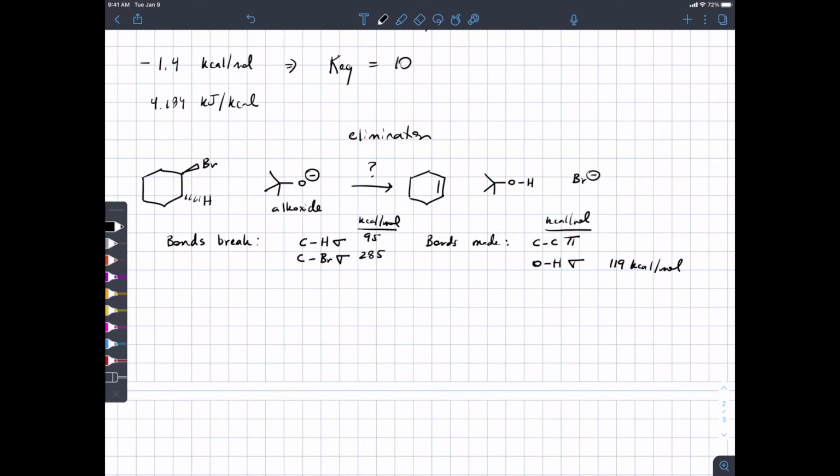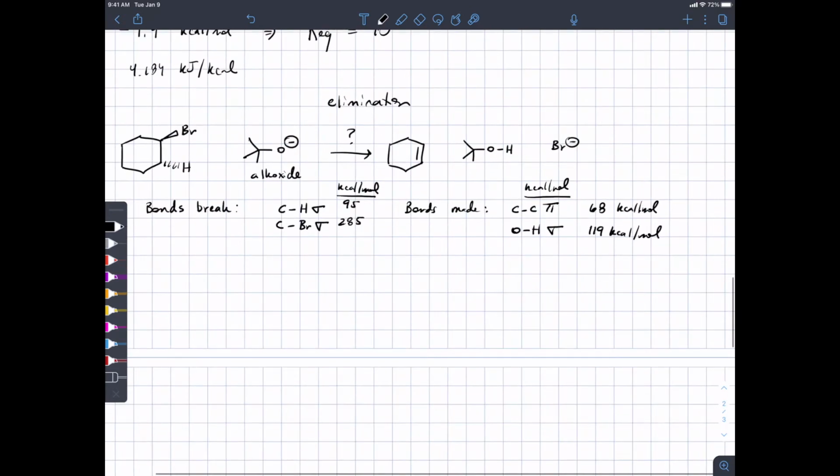If you needed these numbers, I would give them to you in a table on the exam. You're not going to be memorizing anything. The carbon pi bond is worth about 68 kilocalories per mole. It's weaker than a sigma bond.